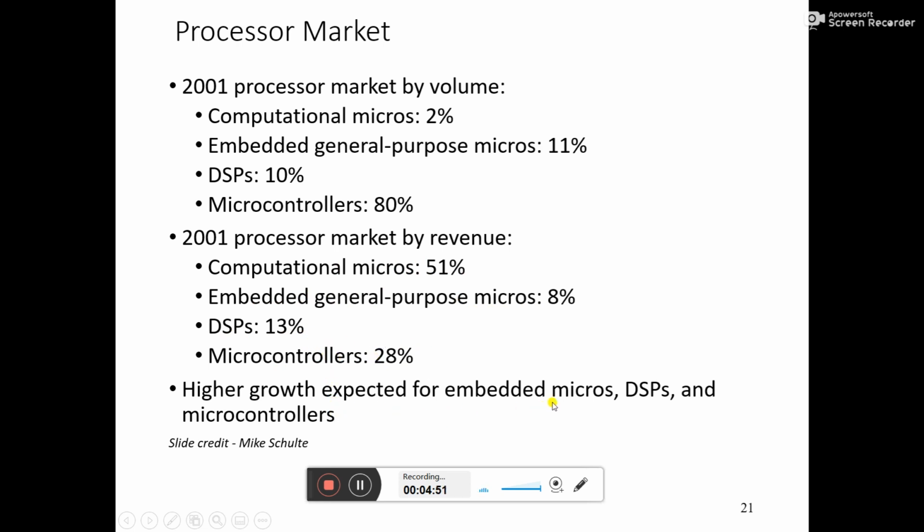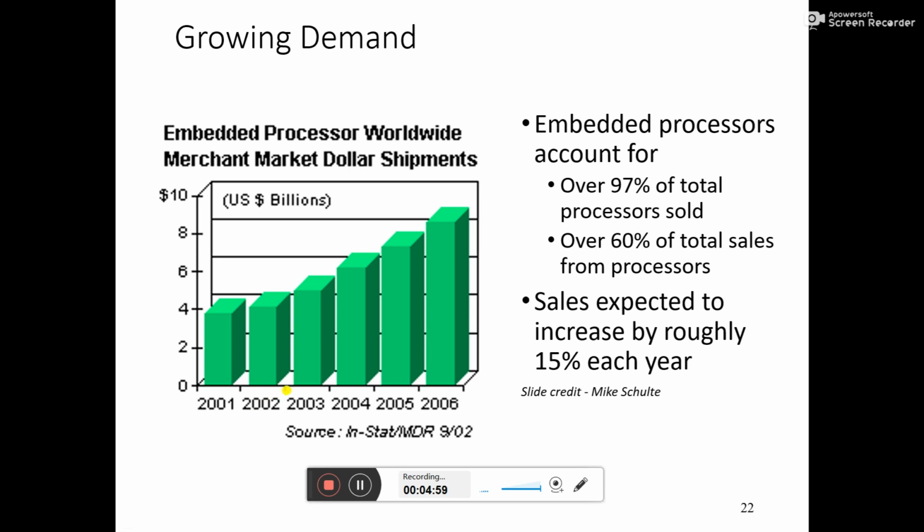Higher growth is expected from embedded micros, DSPs and microcontrollers. Here you find a simple difference over the years 2001 to 2006. In 2001 the market was less than $4 billion, then it grows to about $5 billion, and then to less than $6 billion.